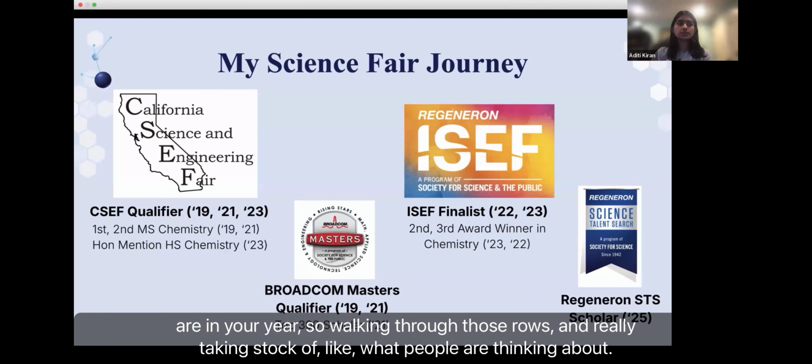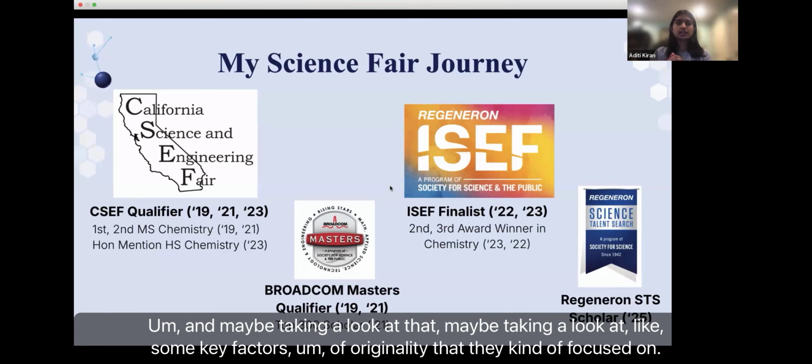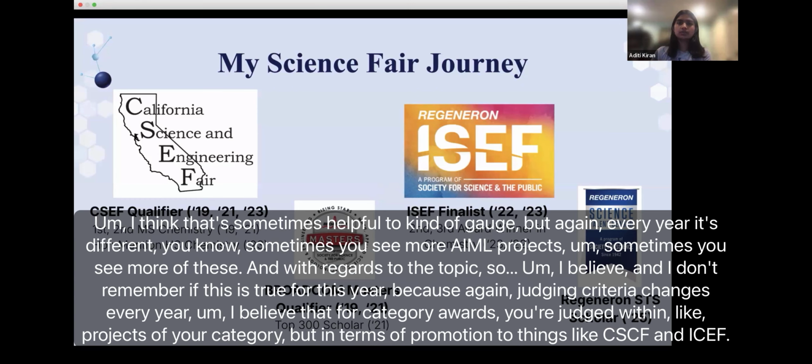So walk through those rows and really take stock of what people are thinking about. The second thing I would recommend is going to past science fair winning projects and taking a look at some key factors of originality that they focused on. I think that's sometimes helpful to gauge.